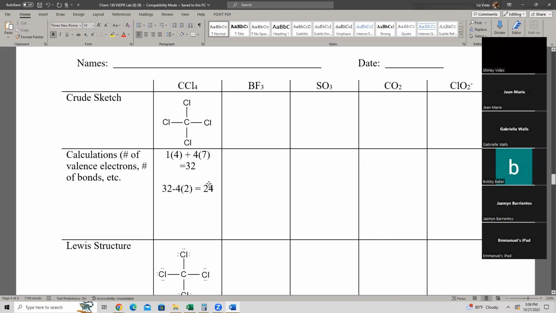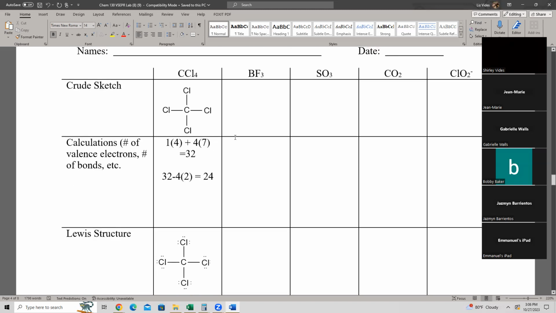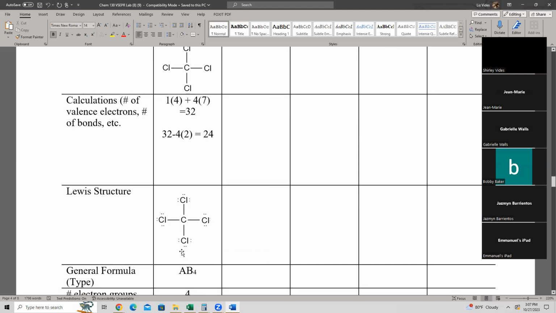It gives you 24. Okay, so now you know that you need to put your, that's the crude sketch that you're going to make. So you're going to put your carbon in the middle, you're going to put your chlorines and your bonds. Once you do that, then you're going to do the subtraction, right?